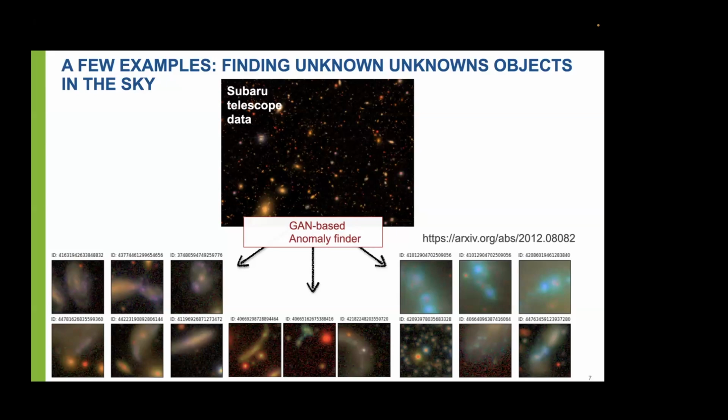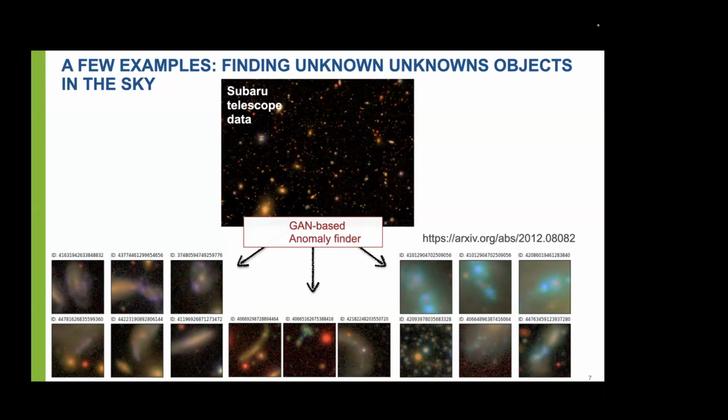So we came up with this idea of using a GAN. GAN is essentially a generative model, and it was used to find anomalies. So essentially, you're saying that a lot of the galaxies that you understand are of certain types, and ones that do not belong to any of the previously known types, we call them anomalies. And just using an automated GAN network, we were trying to find different types of anomalies, and you can actually see some of the results at the bottom.